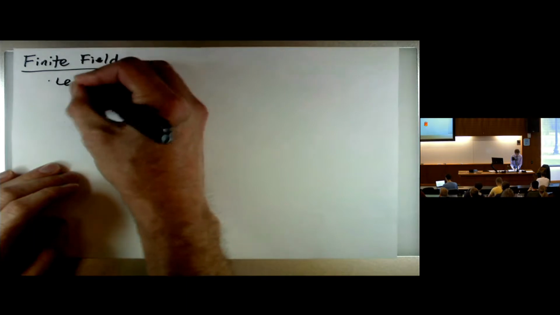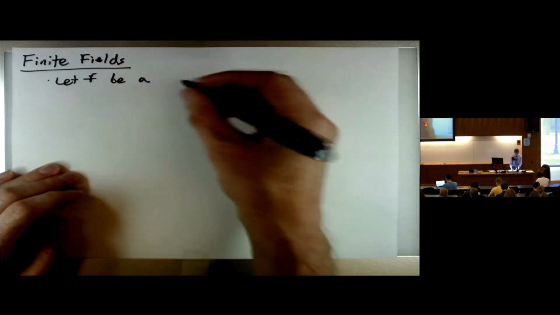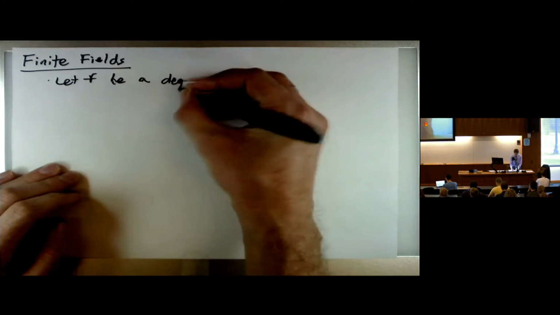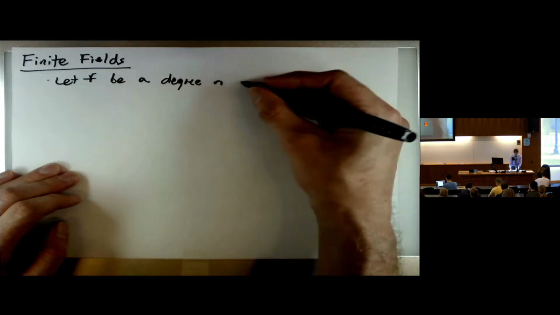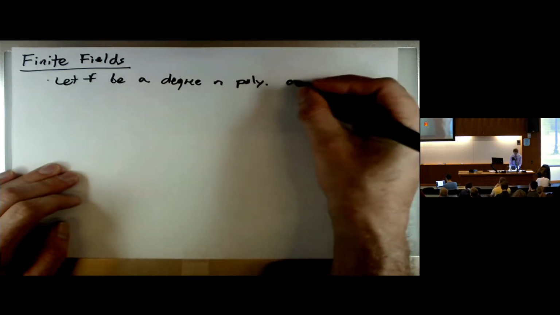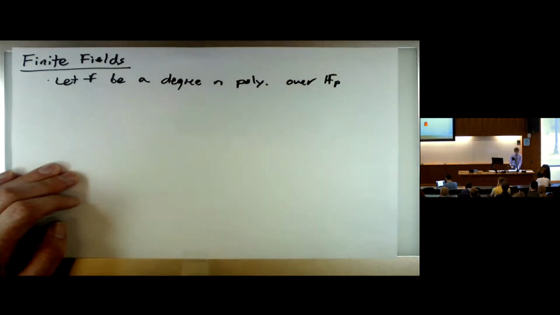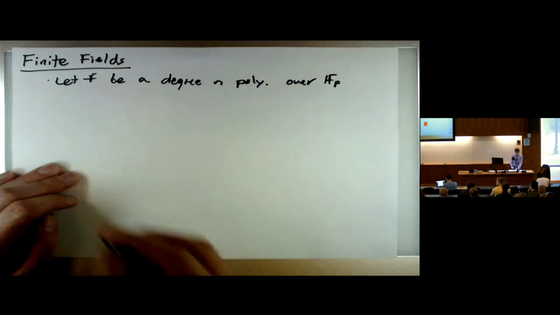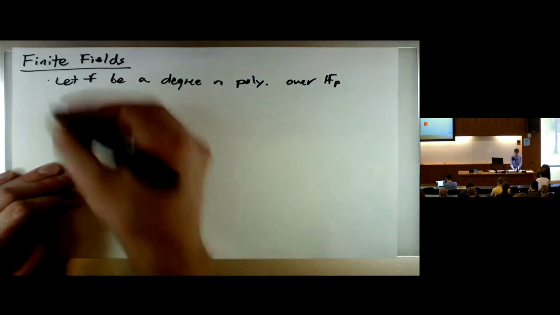So let f be a degree n polynomial over Fp. We want it to be irreducible, so that means we want it not to factor into a product of lower degree polynomials.